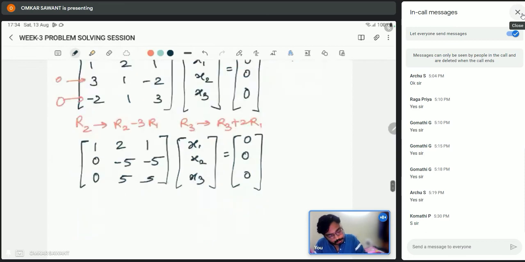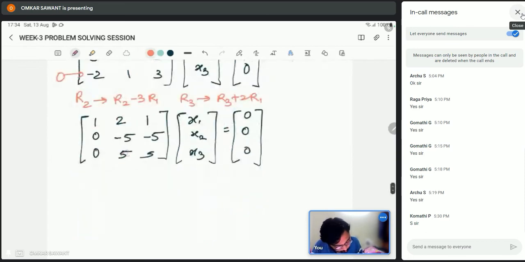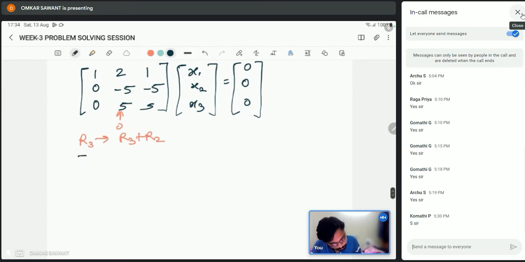Again, then we will make this 0 to get a triangular form. What we will need: R3 gives R3 plus R2. So R3 gives R3 plus R2.